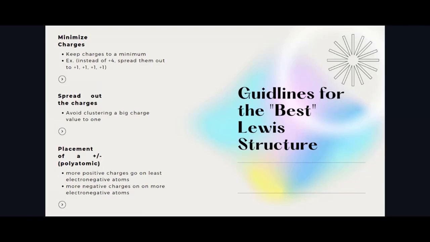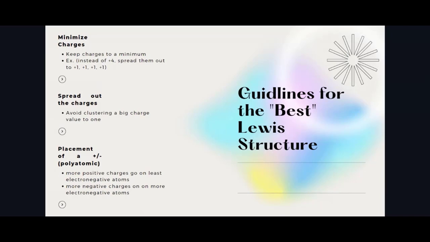And then the placement of a plus or minus in polyatomic ions. Usually when you have polyatomic ions, they have a charge carried by them, and one element will carry that charge. For example, nitrate is NO3 minus, so something has to have the minus. The guideline is that more positive charges go on the least electronegative atoms, and more negative charges go on the more electronegative atoms.